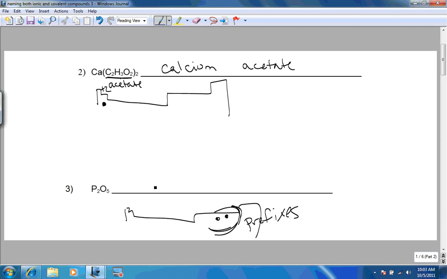So, when we're looking at this, P is for phosphorus, 2 means diphosphorus, and then O is oxygen, which becomes oxide, and 5 is penta, so it's pentaoxide, so it's diphosphorus pentaoxide, or pentoxide.